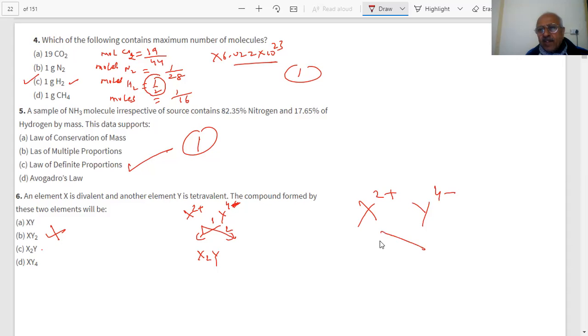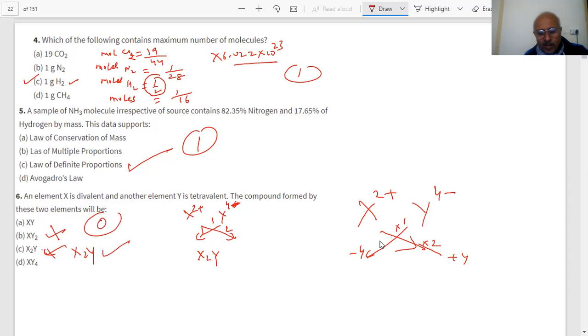Then you have to cancel the charges. Crisscross method, what we do in this, multiply this by 2, it will become plus 4. Multiply this by 1, it will become minus 4. Plus 4 and minus 4, 0. So Y is 1, X is 2. The correct answer is X2Y. This is the correct answer.